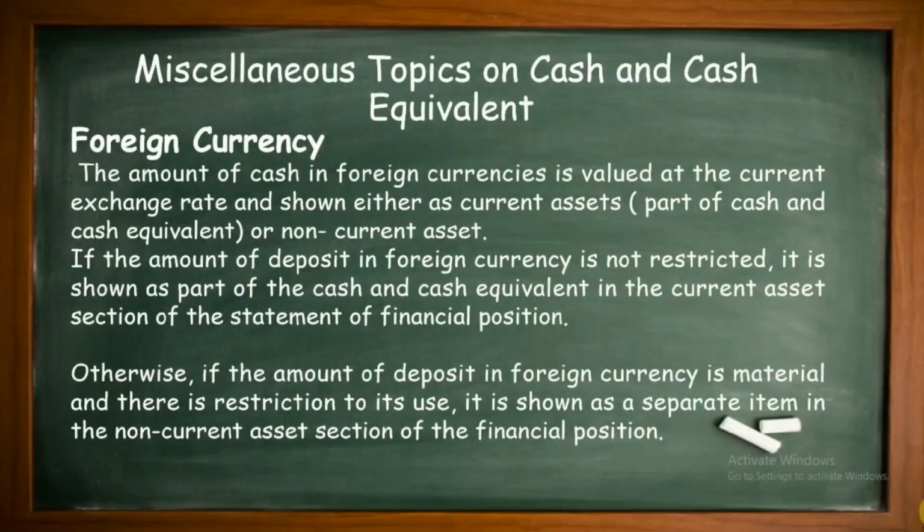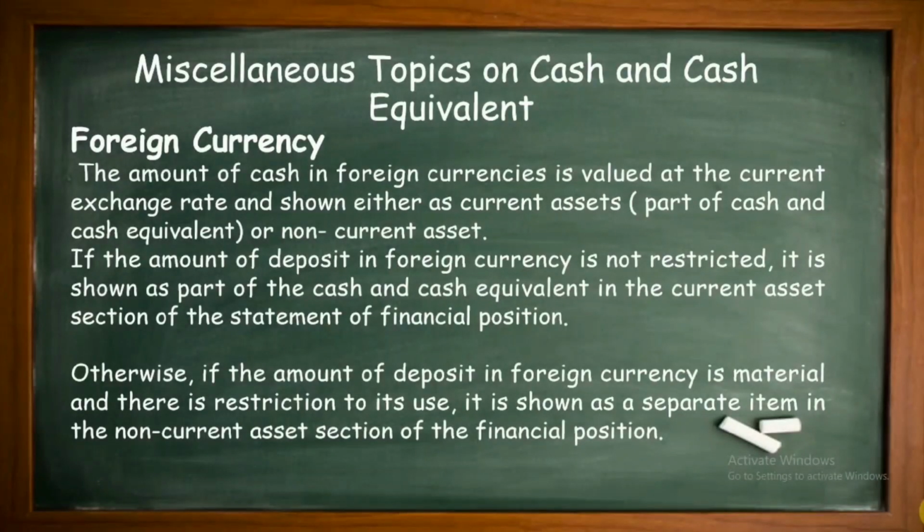So, the amount of foreign currency ay nagkakahalaga ng current exchange rate na bahagi din ito ng cash and cash equivalent o kaya non-current asset. Kapag yung amount ng deposit ng foreign currency ay hindi pinaghihigpitan, ipinapakita ito sa cash and cash equivalents, sa current asset siya nakalagay sa statement of financial position.